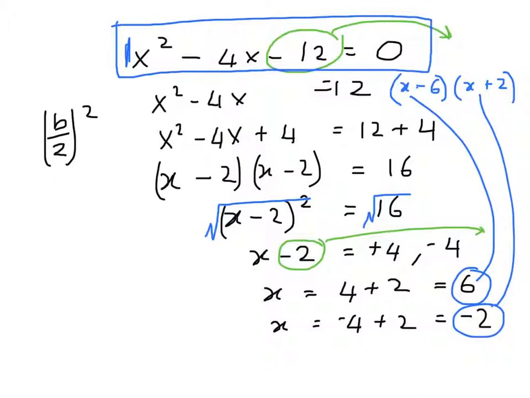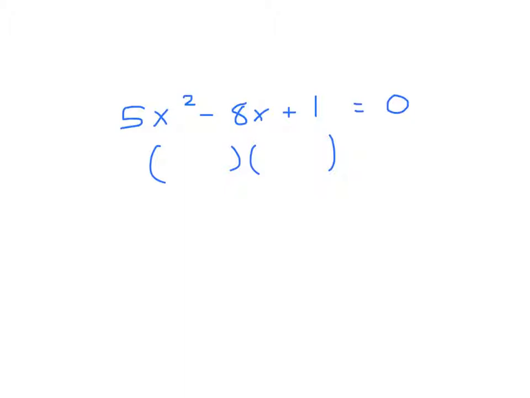If it's not a 1 in the front, I can show you one more long example: 5x squared minus 8x plus 1 equals 0. Factors of 1 here, I can't easily factorise that out.